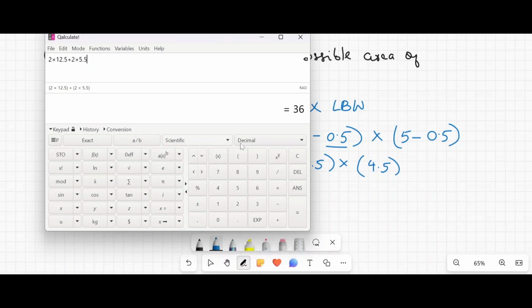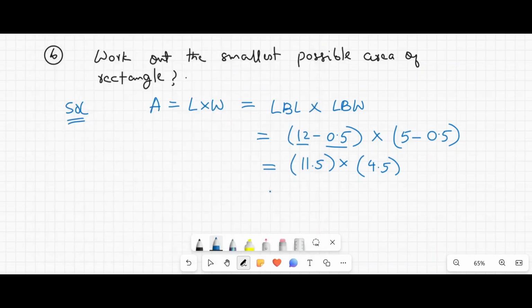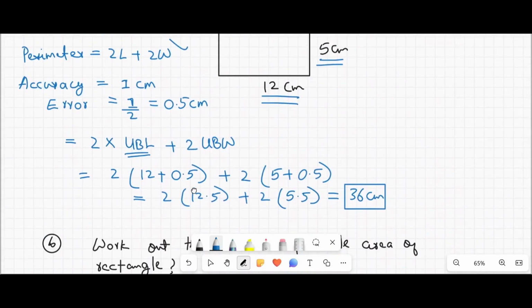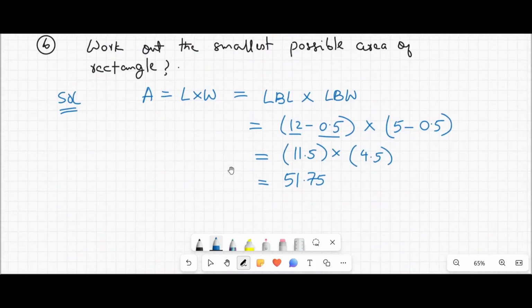While calculating this, 4.5 into 11.5, you will get 51.75 centimeters square. So this is the smallest possible area of the rectangle.